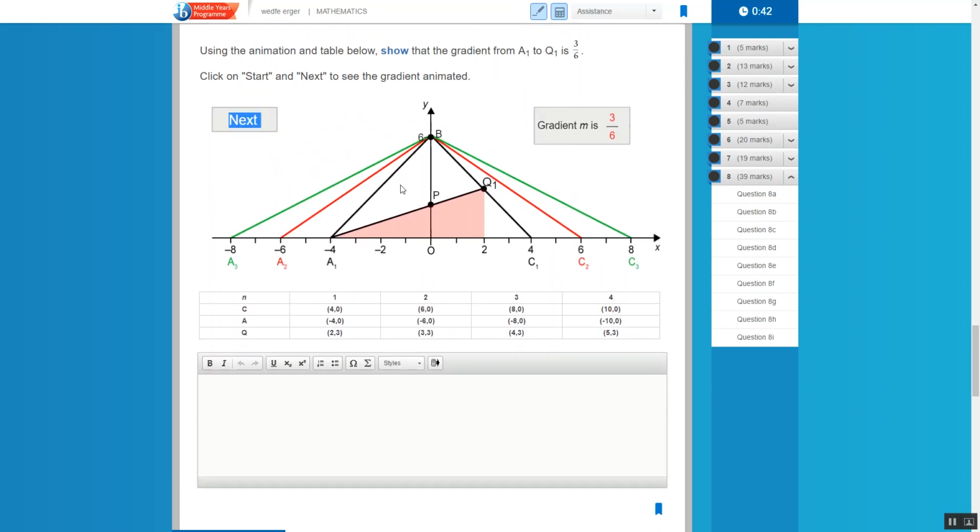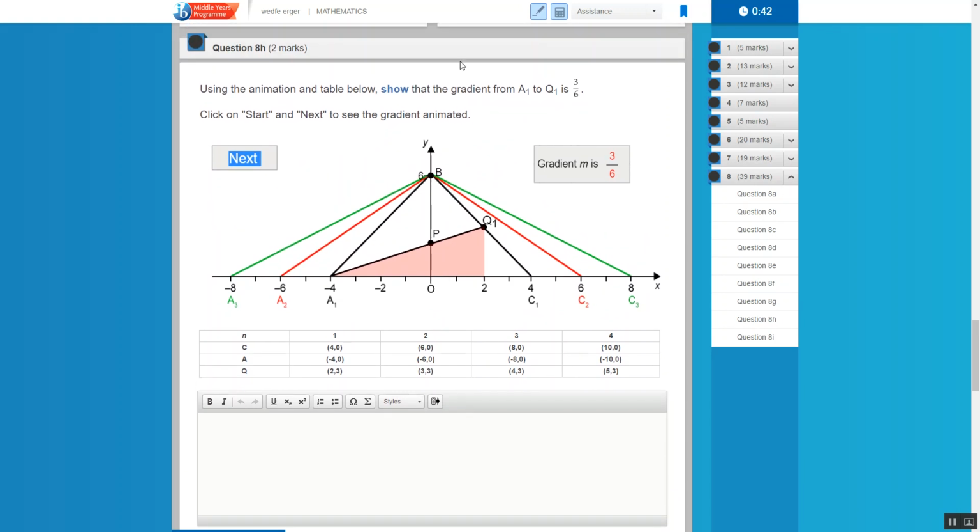Use the animation, we need to write, show that the gradient from A1 to Q1 is 3 over 6. So gradient is equal to rise over run. So we've got a rise here of, you can see, yep, 3 take away 0.